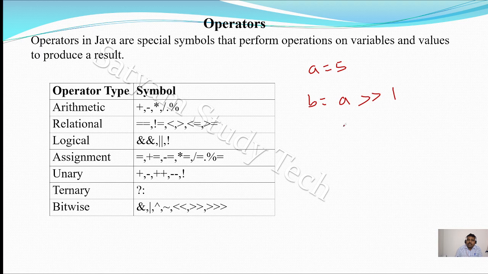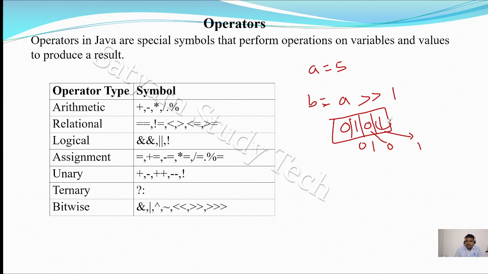One bit is shifted to the right side. What is the value of B? Now you represent it here. It is a 5, shifted to the right side. So 1 is shifted here, 0 is shifted here, 1 is shifted here, 0 is shifted here.